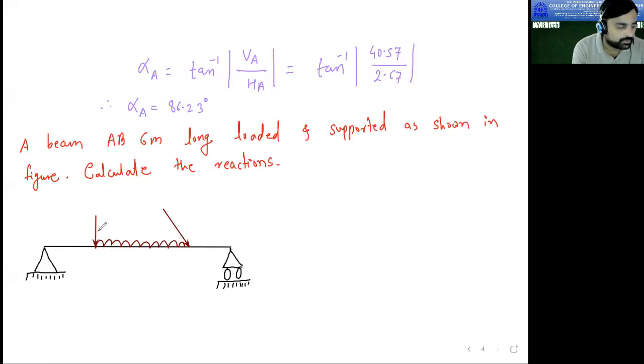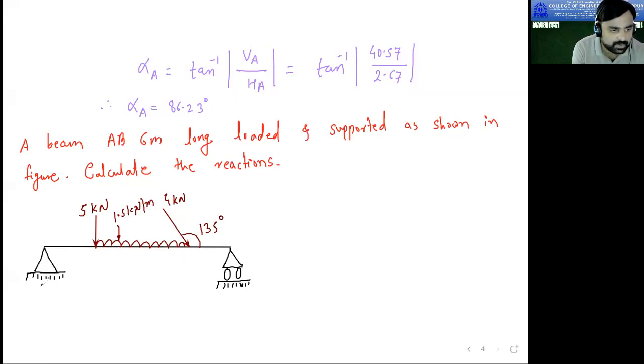So this is 5 kilonewton. This is 4 kilonewton. This angle is given as 135 degree. And here is the UDL of 1.5 kilonewton per meter.